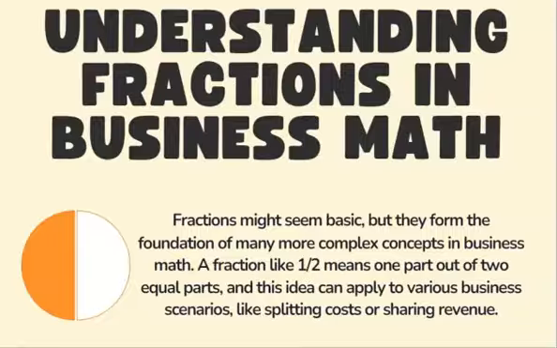For example, if you have a pizza divided into 8 slices and you eat 3 of them, you've eaten 3/8 of the pizza. That's a fraction in action. In business, fractions are used in many different ways, and understanding them is key to handling tasks accurately and efficiently.